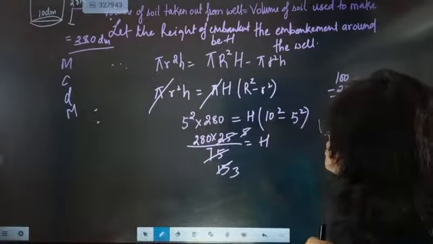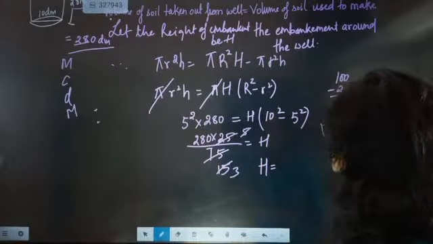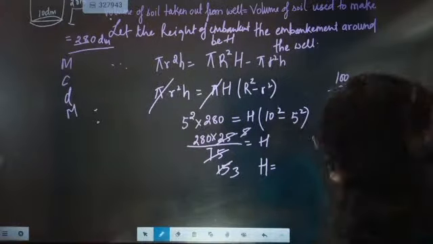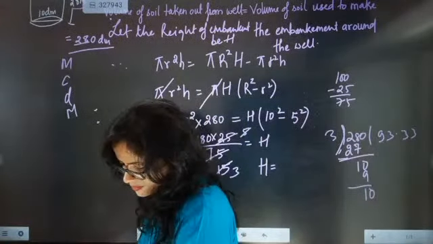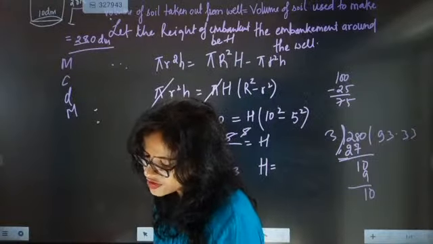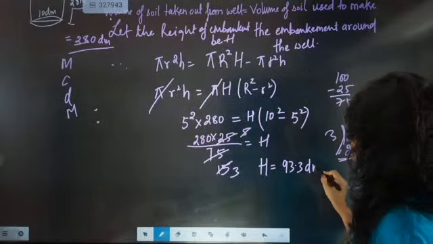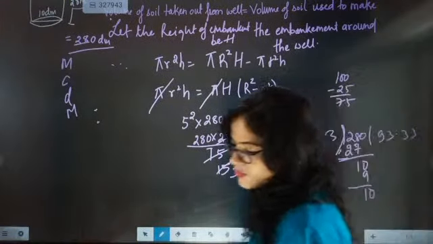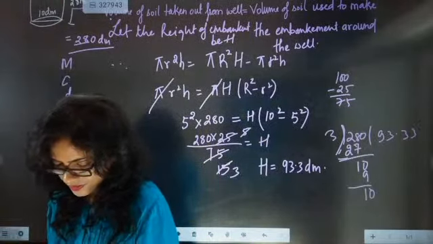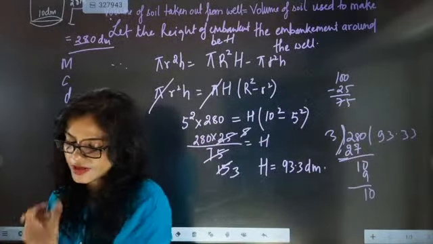Come on, check this one out. Check one more time. Yes beta, because we have converted everything in dm, so it will be coming 93.33 dm. 93.33 dm will be coming. Absolutely correct.